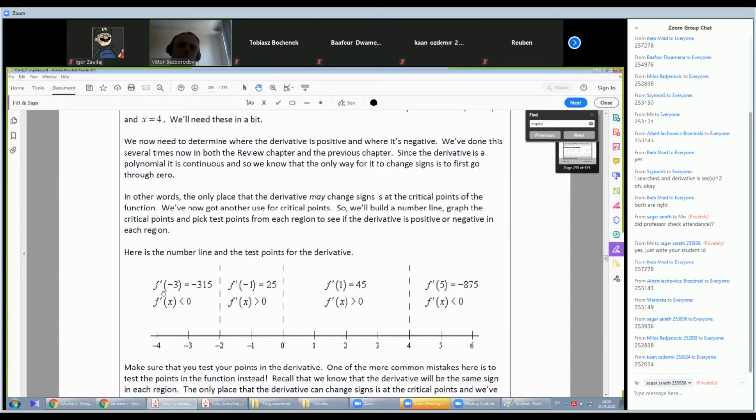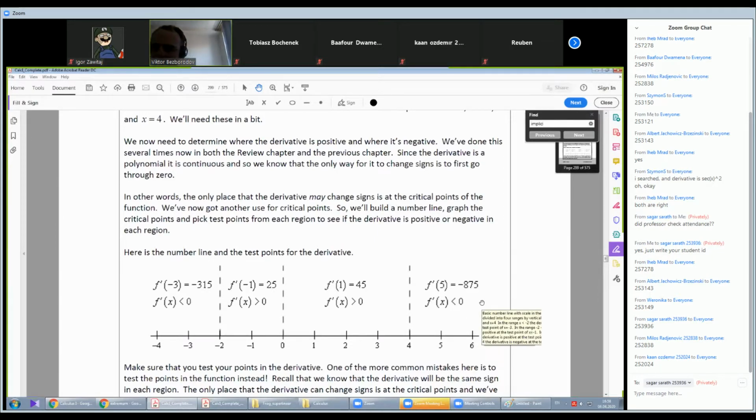So they take -3, and this is what they compute, and so it's negative. Here they take -1, it's positive. Here they take 1, 45, positive, so the sign is positive everywhere. And then here it's negative everywhere, right?